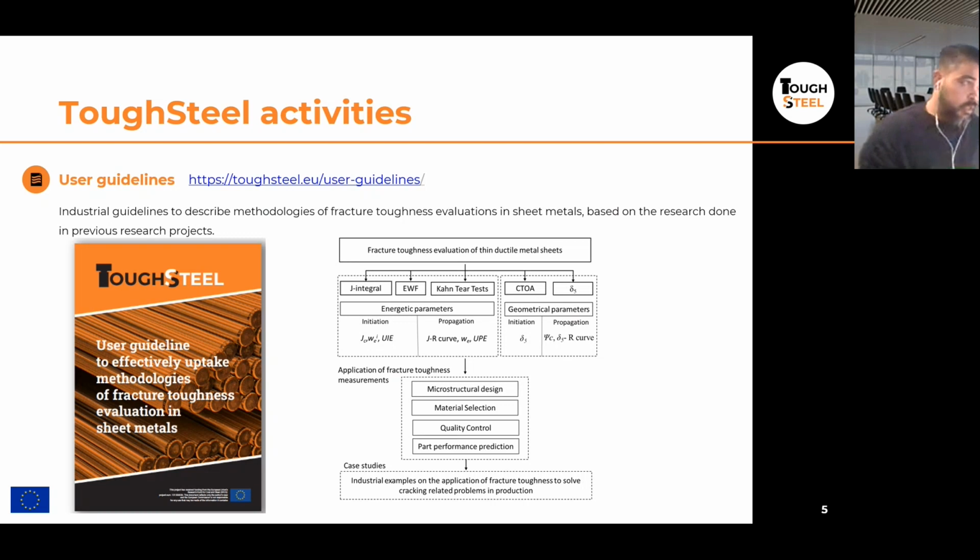Also, these guidelines include different successful case studies with industrial partners, from different research that we have conducted over the last years.